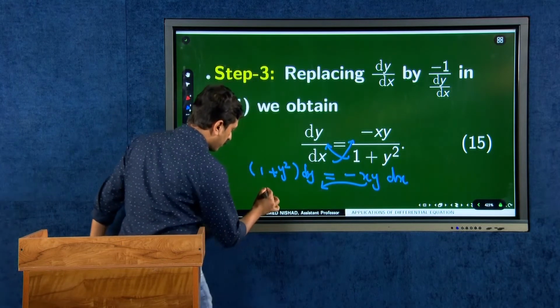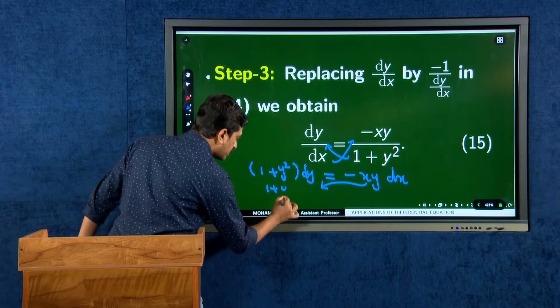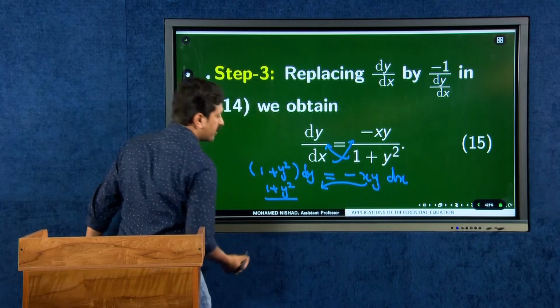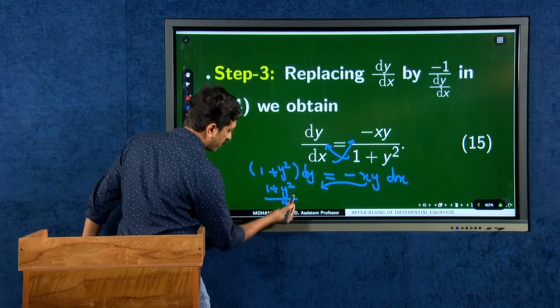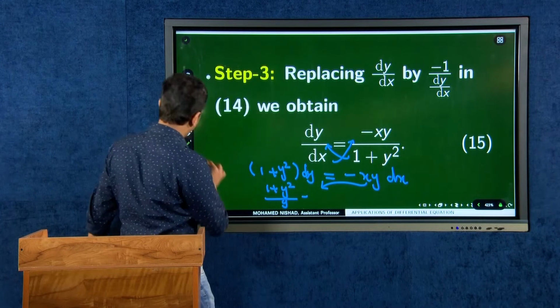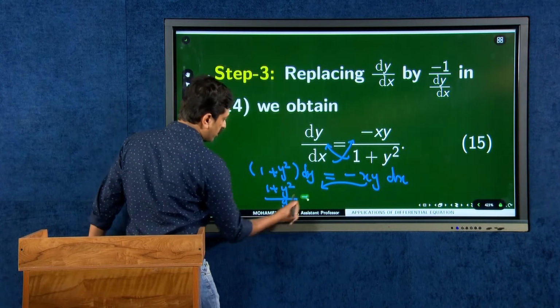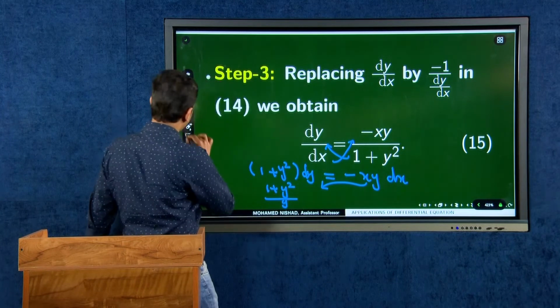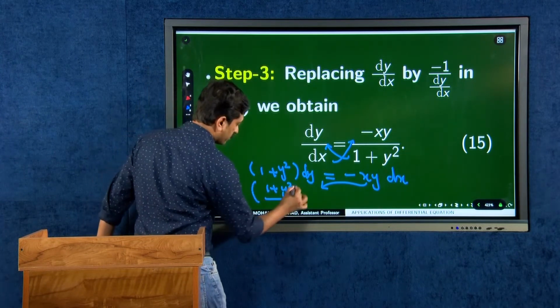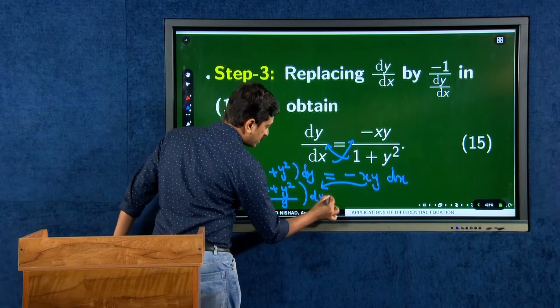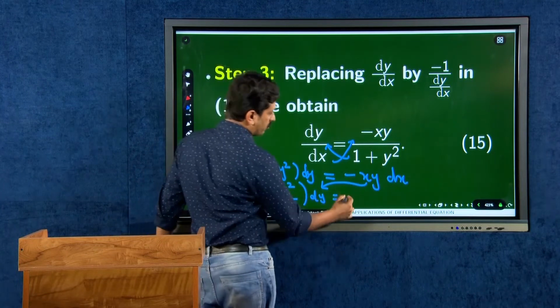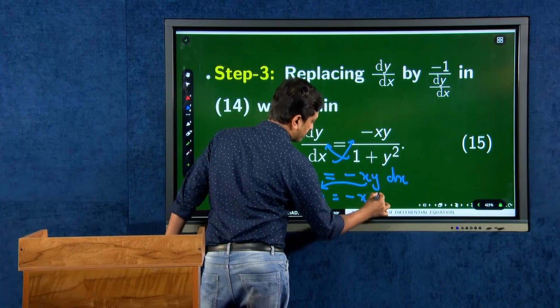We will have 1 plus y square divided by y into dy is equal to minus x dx.